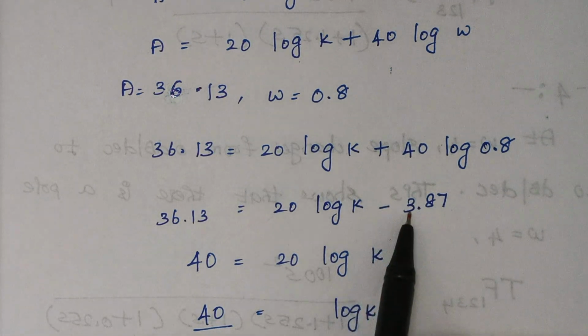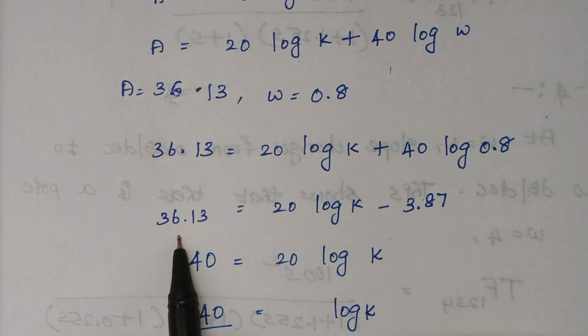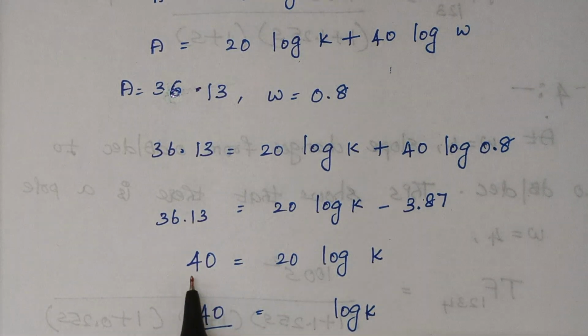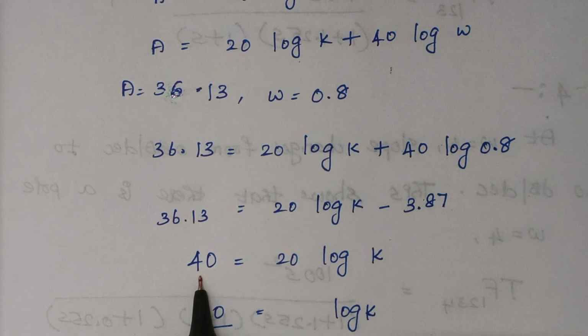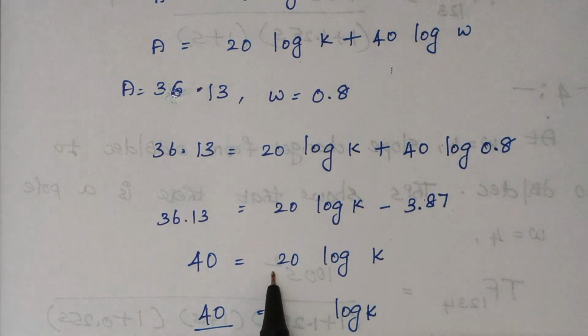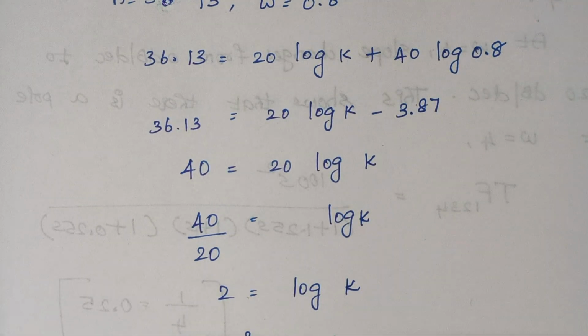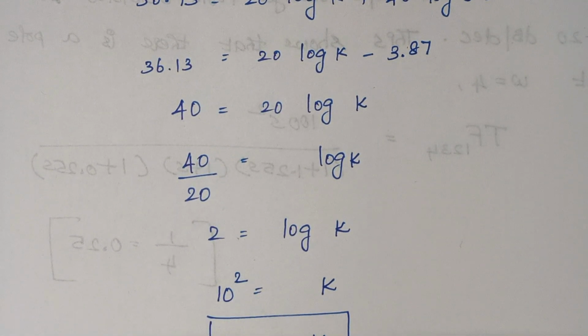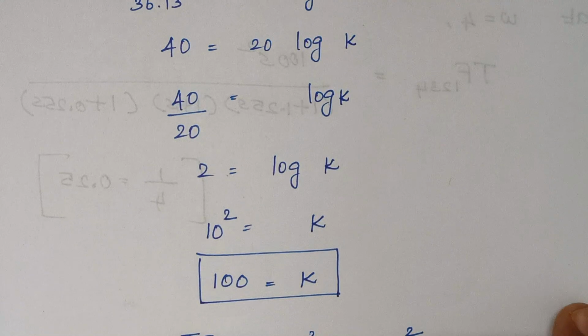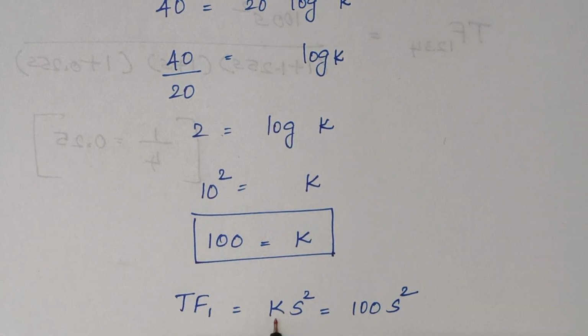When you move this minus 3.87 to the left hand side, it becomes plus 3.87, so we are getting the answer as 40. The next step is to move this 20 to the left hand side. So 40 by 20 gives you log k. How to find k? Finally k is given by 10 to the power 2, which is nothing but 100. So our transfer function for part 1 is k s square, and the value of k is found to be 100. Just write down the values.